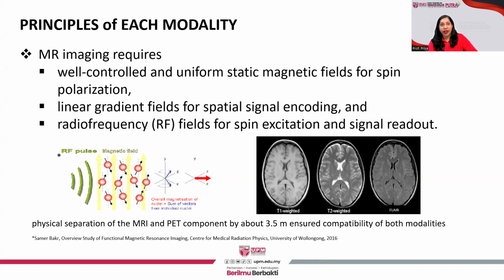Due to the polarization from the magnet and an RF pulse that is introduced intermittently, the spinning of these protons will change in direction. This change in the gradient fields will result in the signal that is encoded in the MRI, giving us different types of imaging appearance.